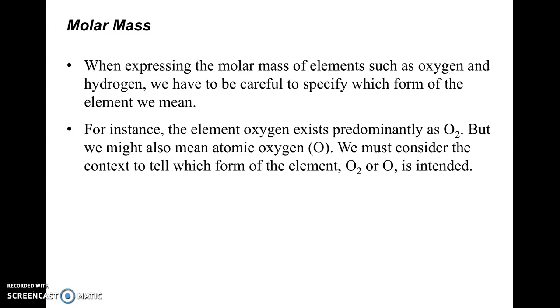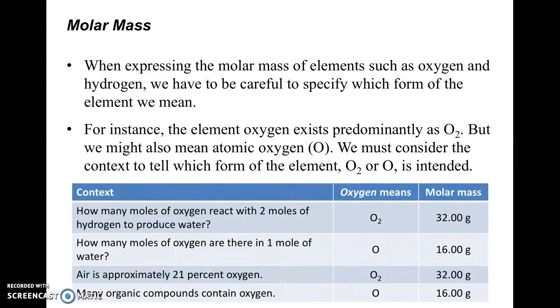You also could be talking about ozone, which is an allotrope, and so you have to know which form you are talking about, and you can see how the masses would vary based on what you're talking about.